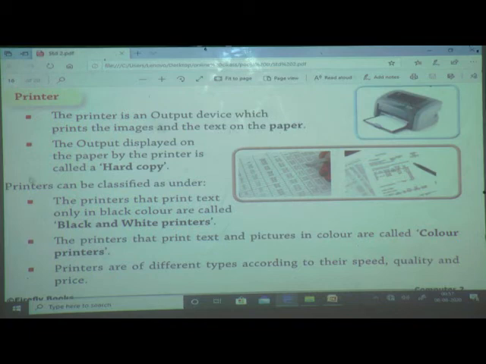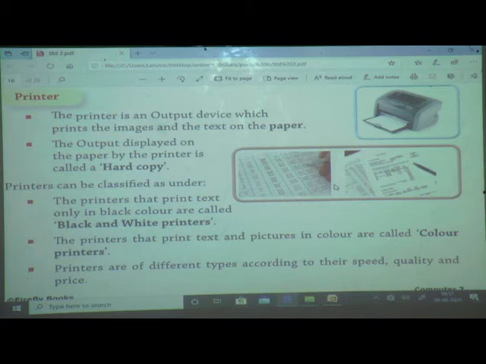What is inside the computer is printed. The output displayed on the paper by the printer is called a hard copy. Everyone has books now, right? You can touch these books.